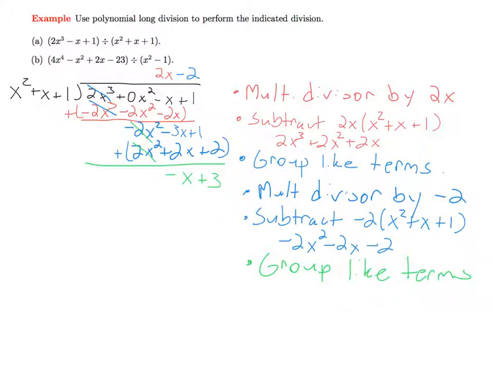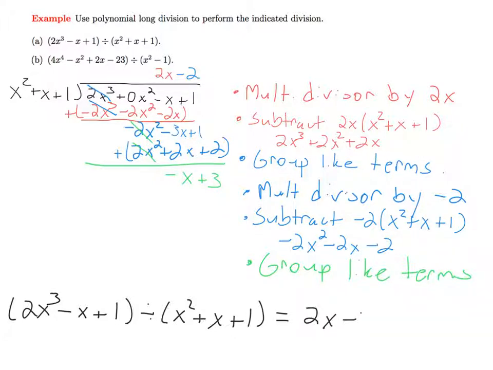So what we write is, when we take 2x cubed minus x plus 1 and divide this by x squared plus x plus 1, we get 2x squared minus 2 with a remainder of minus x plus 3.